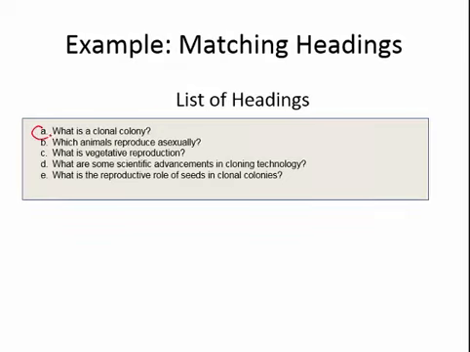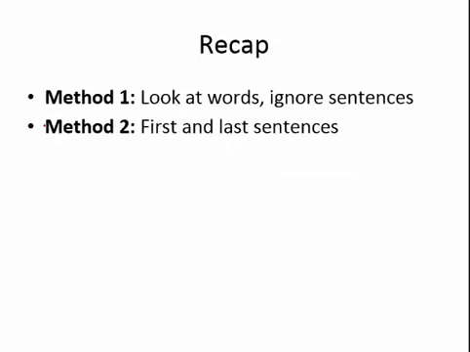A says, what is a clonal colony? That would be a good heading for this second paragraph, right? And as we saw in the first sentence there, the main idea is indicated in those first lines of that paragraph.